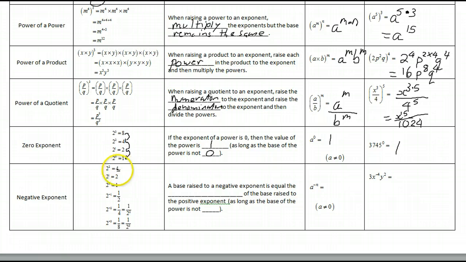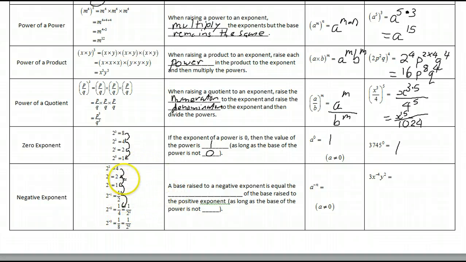Alright, so how do we do negative exponents then? If 2 squared is 4, you divide by 2. 2 to the 1 is 2, divide by 2 as we go down. Then as we go from 0 to negative 1, we continue to divide by 2, or just think of it as multiply by a half, times a half, times a half, half times a half is 1/4, times a half is 1 over 8.